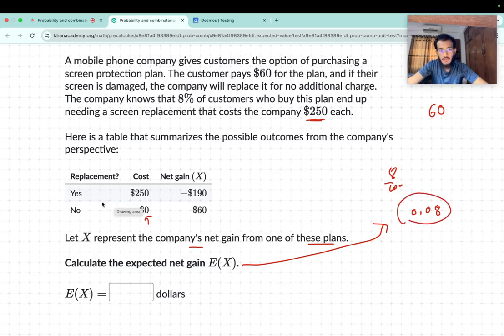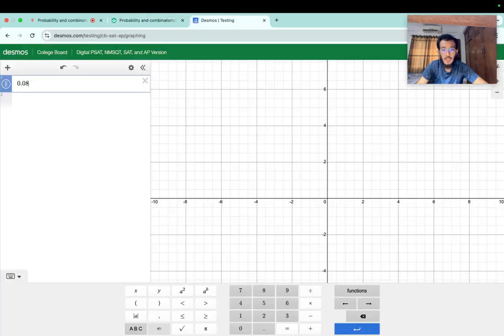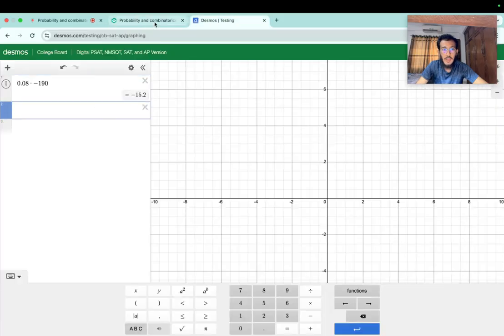Now, if we replace the screen, you get negative 190 net gain. So the probability that it will require a replacement is 0.08. We're finding the expected value of X, so that is the mean. 0.08 into negative 190.